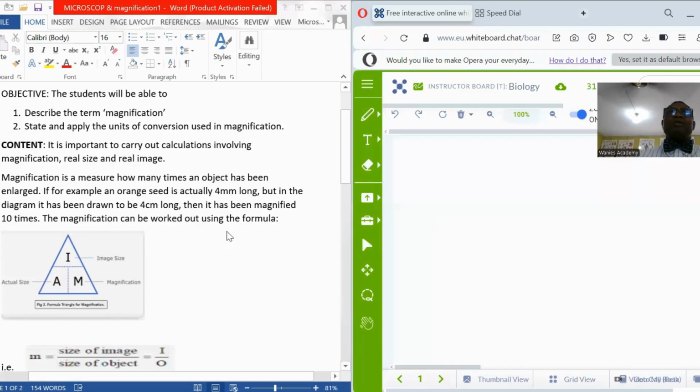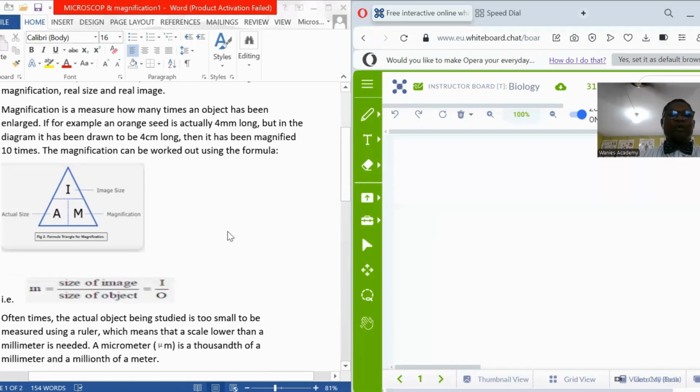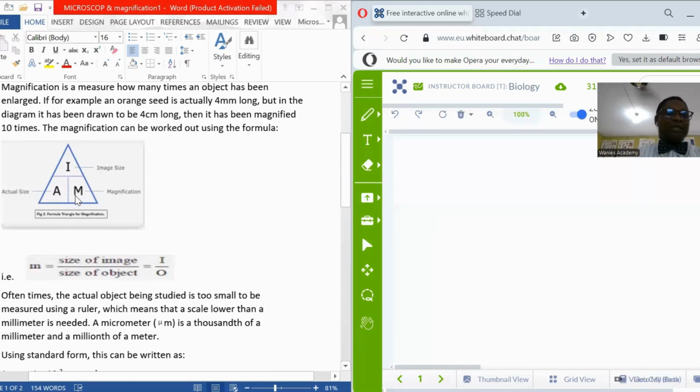Magnification can be worked out with the following formula. If you look at the diagram on my left-hand side, you see the formula of magnification.